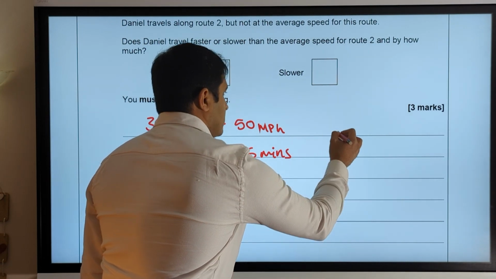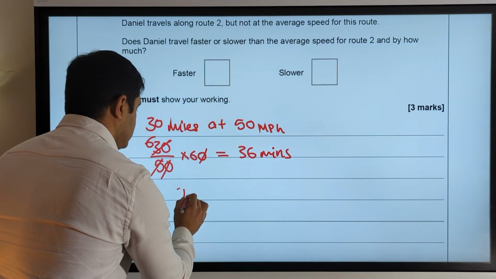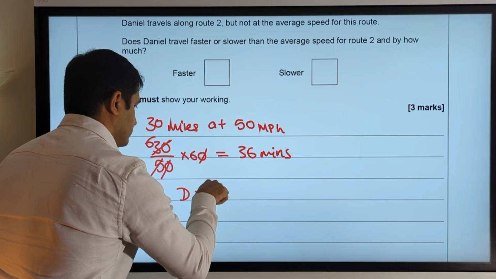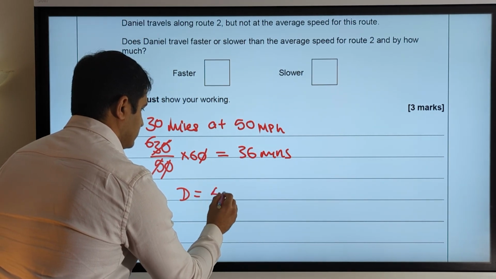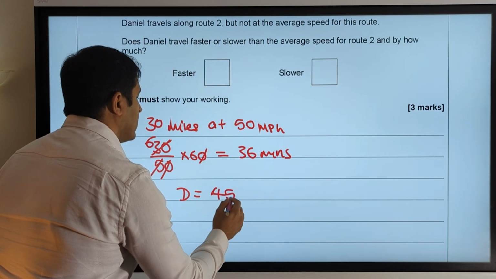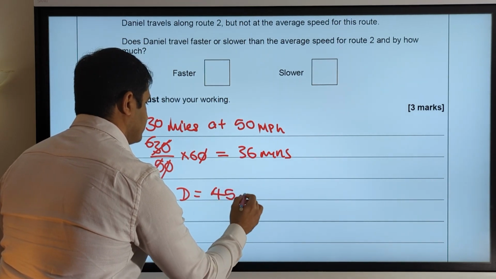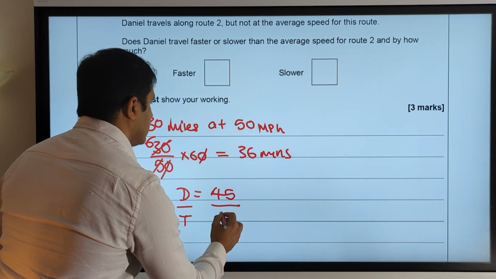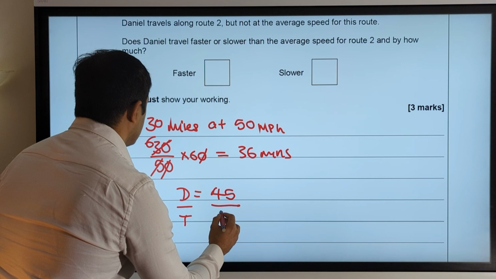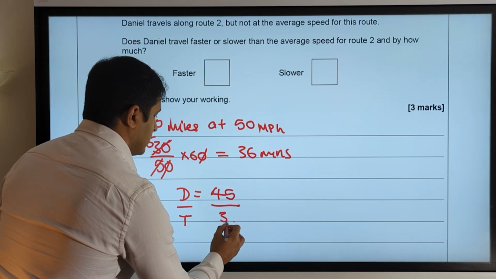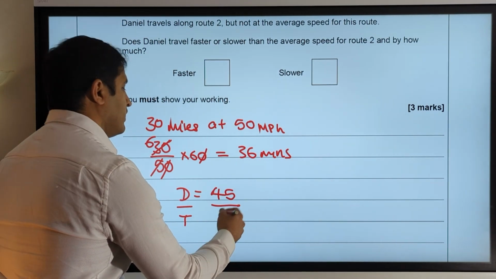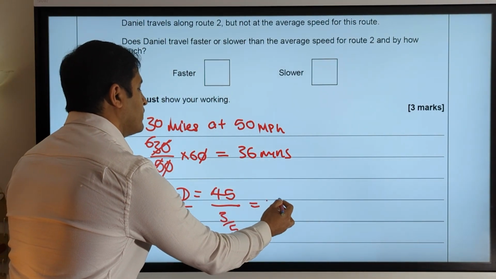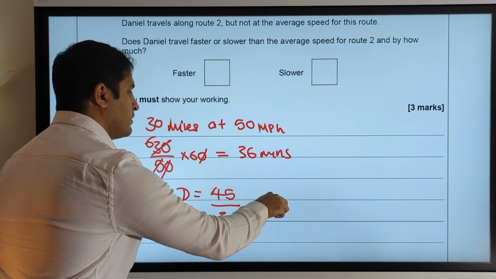So we know the distance for Daniel, 45 miles, and we know the time, which is 36 minutes, which we can say is 3/5 of an hour. Okay, or we can say 0.6 of an hour or whatever we want to say, and that will tell you the speed.